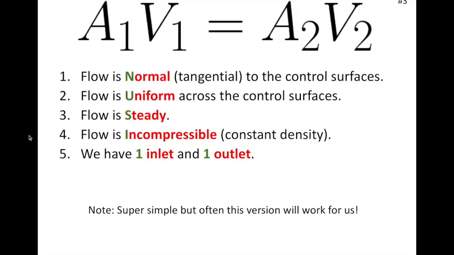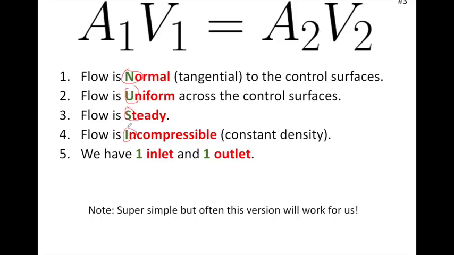So here's a trick that I just developed. I came up with this simple mnemonic here of NUSI11. As you're thinking through what assumptions might be applicable, I encourage you to just go down this list of NUSI11. So is it normal? Is it uniform? Is it steady?